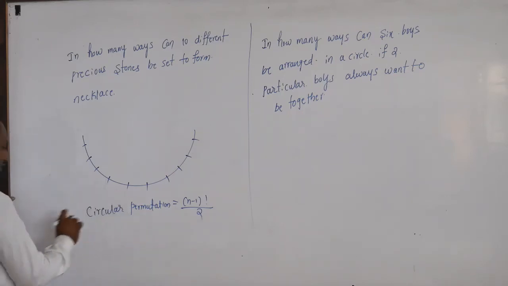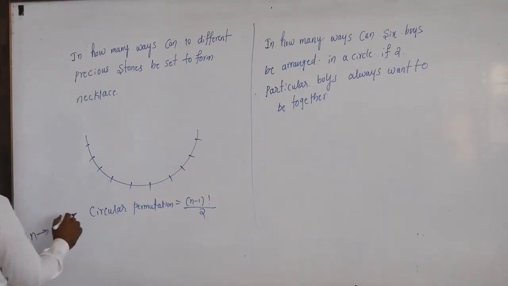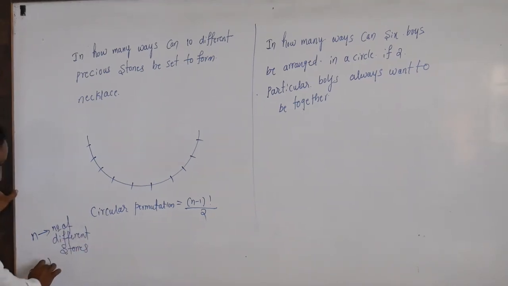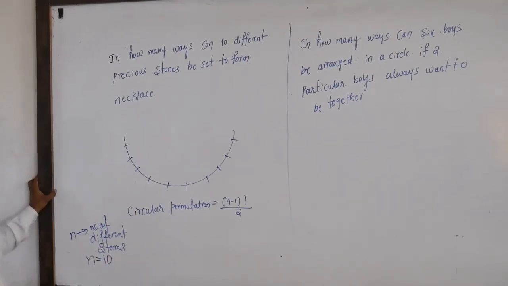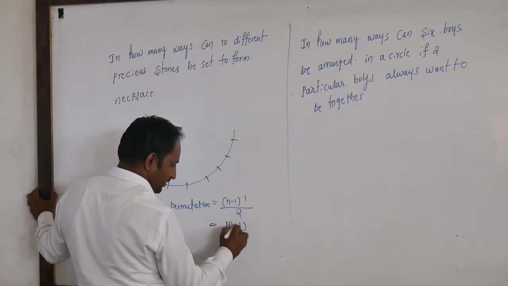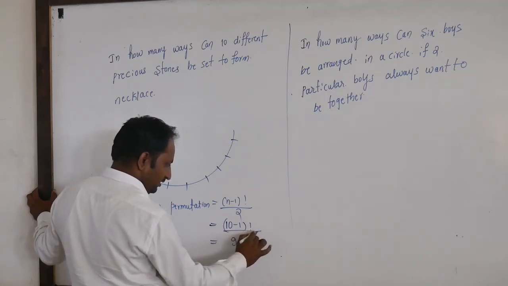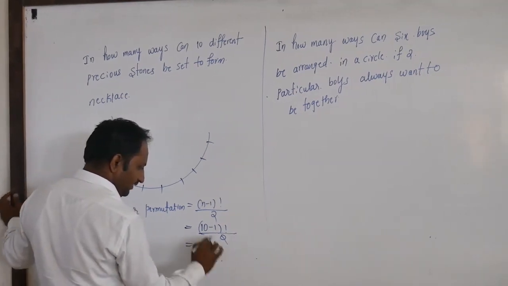In this problem n value is the number of different stones. Given the number of different stones, n is equal to 10. That's why circular permutation is 10 minus 1 factorial, that is 9 factorial divided by 2.